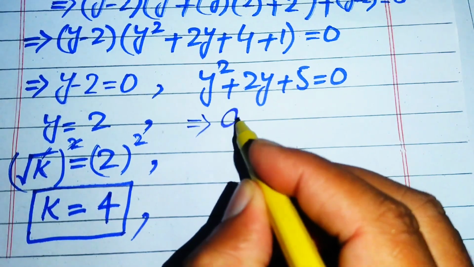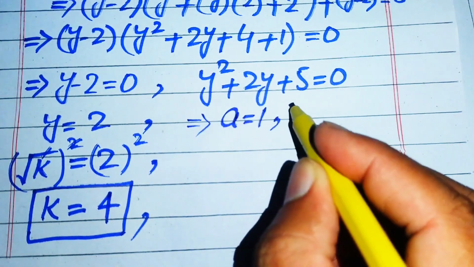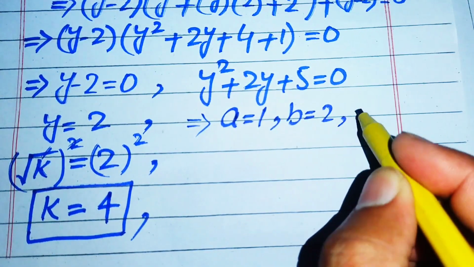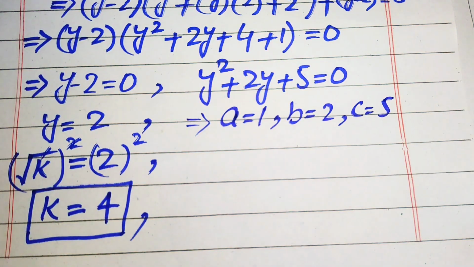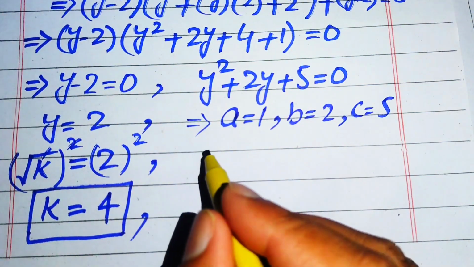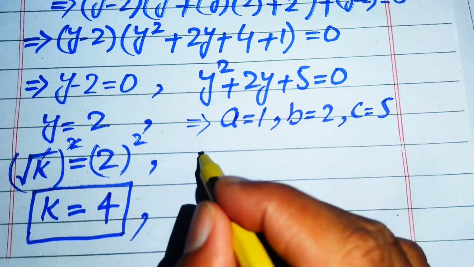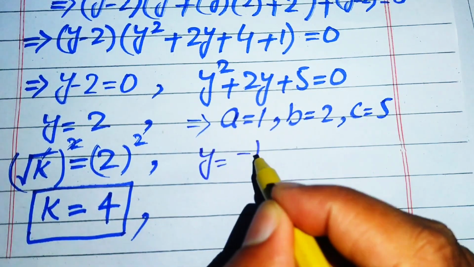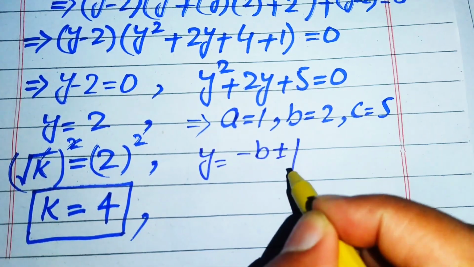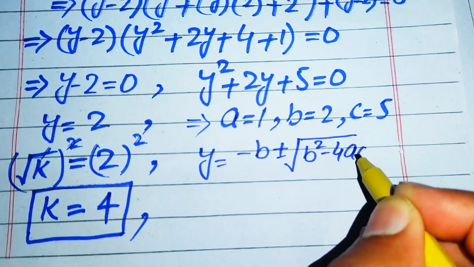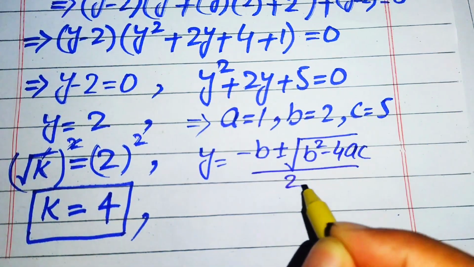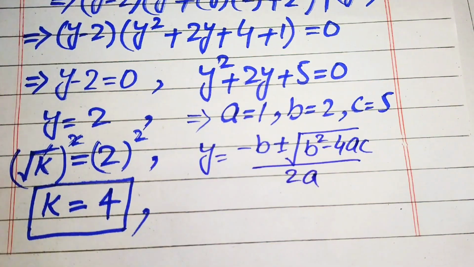Okay, so here first we just write the coefficients of this equation, and its coefficients are a equals 1, b equals 2, and c equals 5. So these are the coefficients of the above equation, and we know that the quadratic formula is written in this form: y equals minus b plus minus square root of b square minus 4ac, divided by 2a.